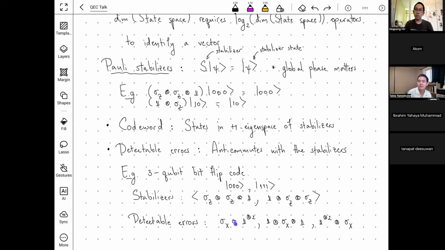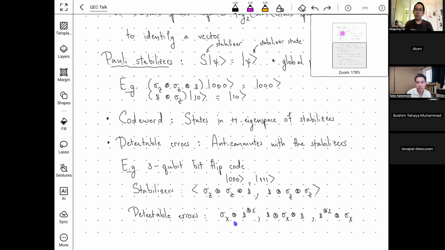Maybe to extend a little bit. If I have a superposition of logical zero and logical one in the 3-qubit code, would this superposition also have these two operators as their stabilizers?